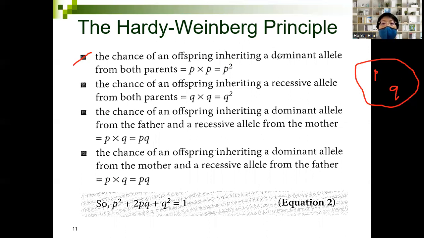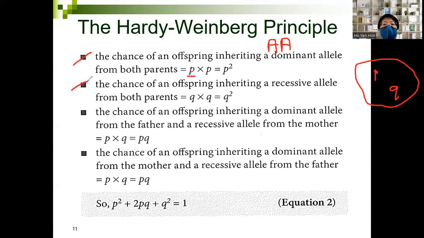From one parent the chance is p, and from the other parent the chance is also p. So the chance of offspring being big A big A is p squared. Okay, next.